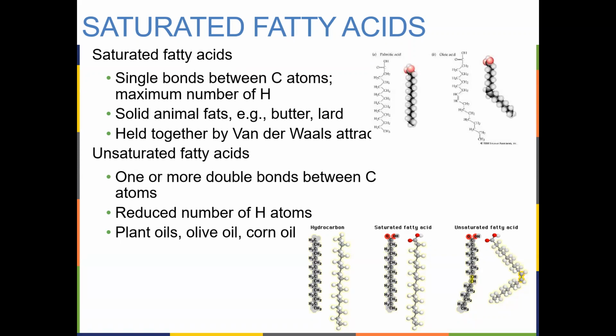Plant fats are made up of unsaturated fats. They're not made up of saturated fats. All plant fats are in a liquid form because of their double bonds. The double bond prevents van der Waals attraction from occurring, so they can't clump together. They can't be a solid. They're a liquid.